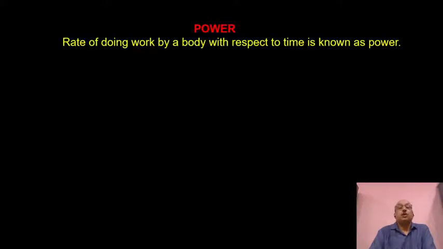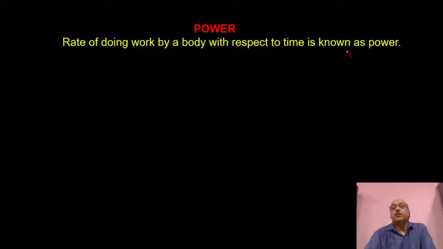After that, we will look at some small points of interest. The first one is power. You already know power from class 9th. The rate of doing work by a body with respect to time is called power.